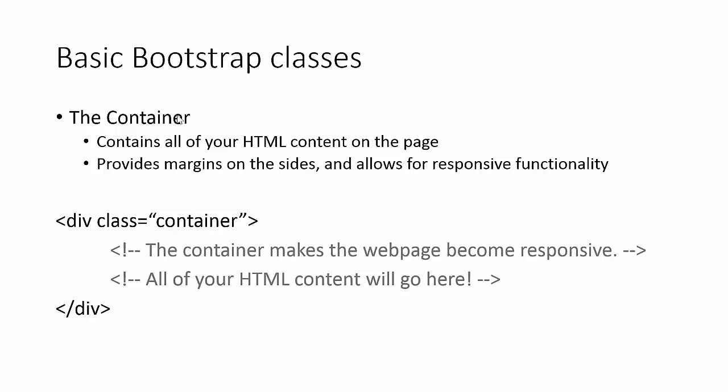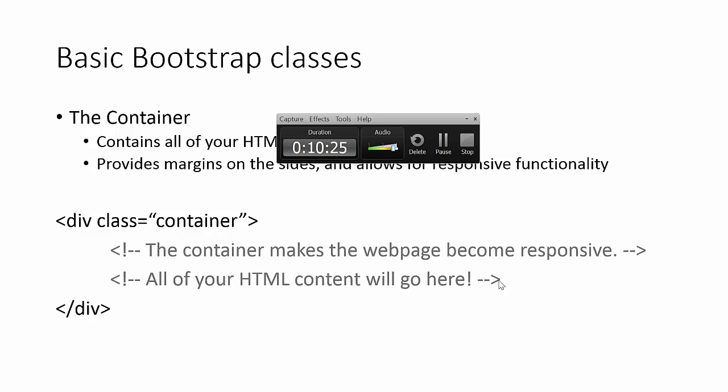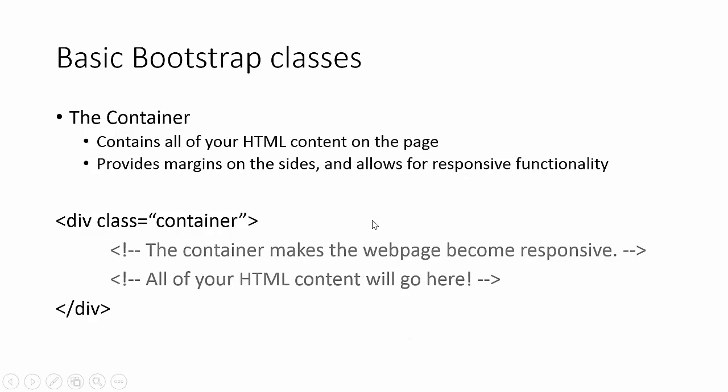Just to remind you, a div tag is a tag that we can use to surround content and group content together. And so what the container does is group together all of the content on the entire page, and we're going to give it a class of container. Okay, and so here's an example of what that code is going to look like. We're going to put a div class equals container.